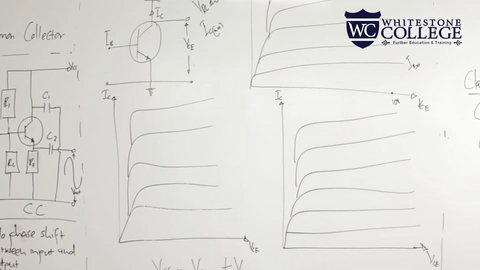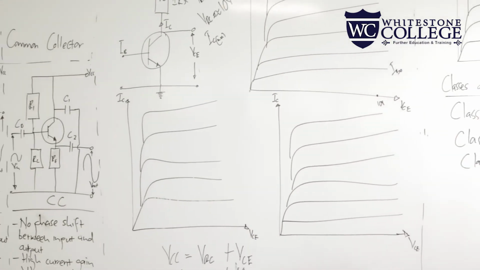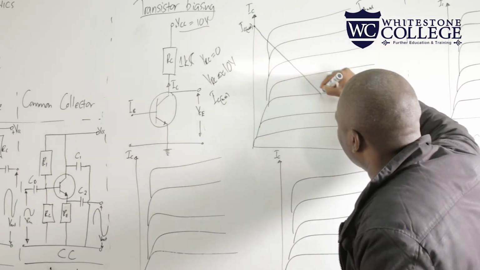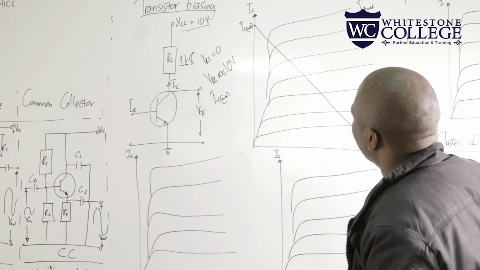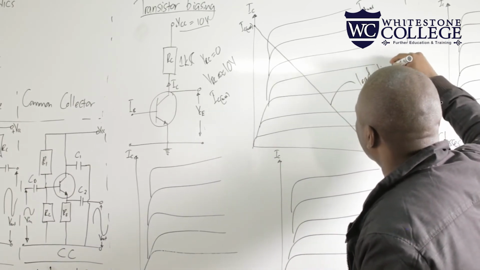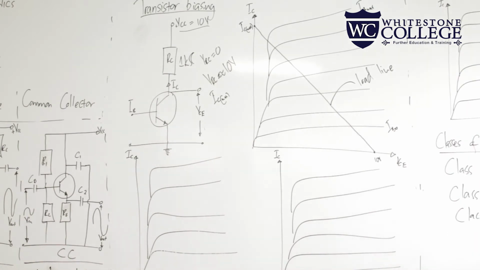If we connect these 2 points, we form a straight line that we call a load line. Are we together? Remember, we're talking about the transistor as an amplifier.